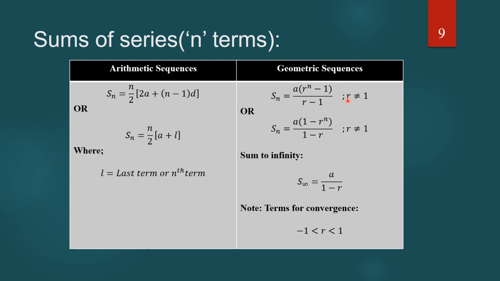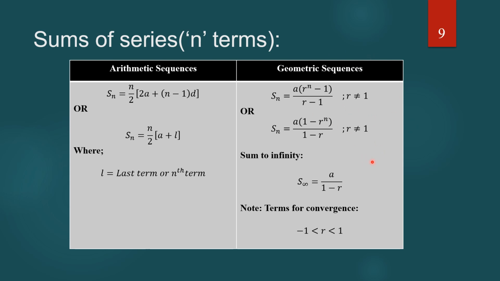Obviously there is a restriction here for this equation. We are saying r cannot be equal to 1, because we have a division by r minus 1. If r is equal to 1, the expression would be undefined, hence this expression applies.